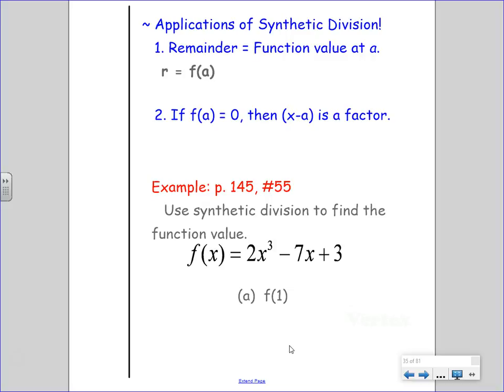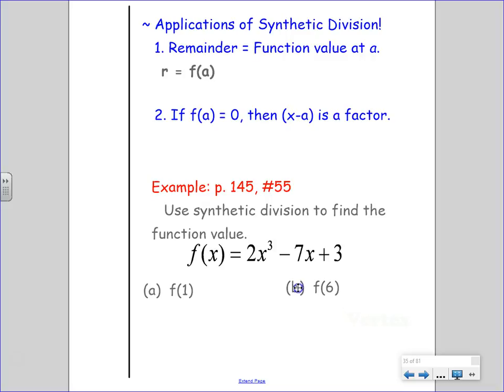The remainder from synthetic division will equal the function value at a, at the solution of the factor you're dividing. Now, that might not seem like a big deal, but it might make more of a difference if I was to give you something like f of 6 instead of f of 1.